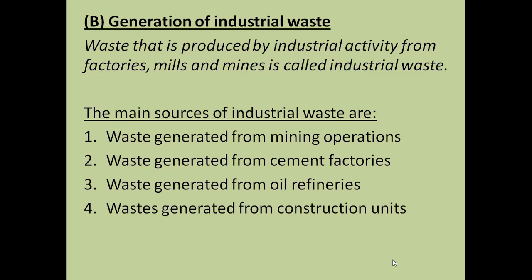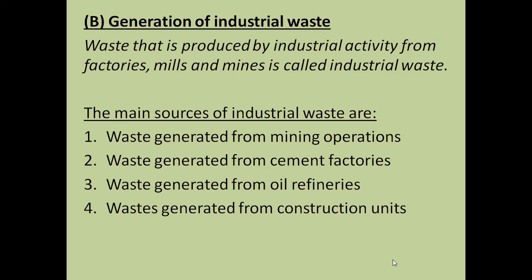Point number 3, waste generated from oil refineries. The main wastes generated from oil refineries are oil slicks and oil sludge, and both of these are toxic in nature. Now if these oil refineries are located at the sea, they cause oil spills, and so many fish die.